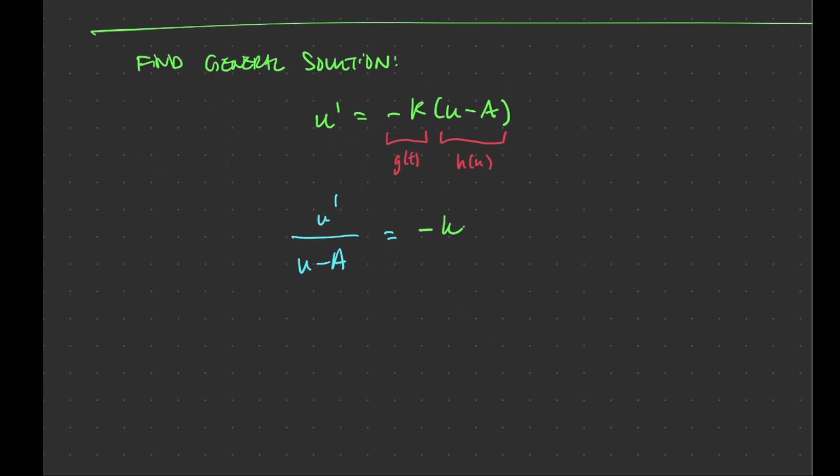And so we do it. Integrate both sides with respect to t. We'll get the left-hand side is natural log of absolute value of u minus a equals minus kt plus a constant of integration. All right. From here, similar to before, raise both sides as powers of e. We'll get u minus a equals e to the minus kt times e to the c.